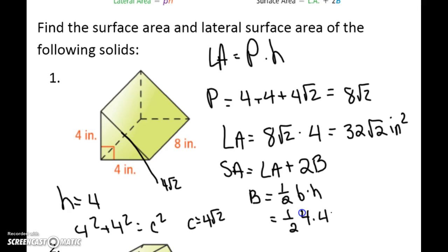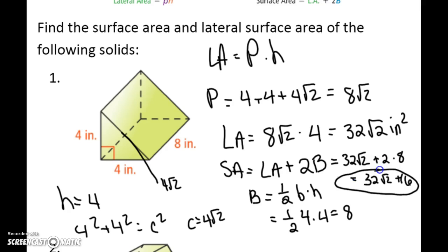My height is 4. 4 times 4 is 16 divided by 2 is 8. So when I plug in up here, I have 32 square root of 2 for my lateral plus 2 times 8, which gets me 32 root 2 plus 16 as my final answer. Inches squared for the surface area.